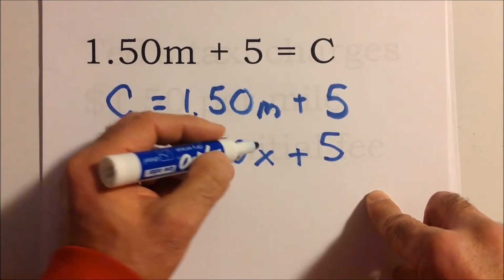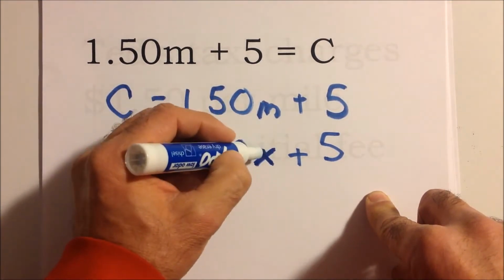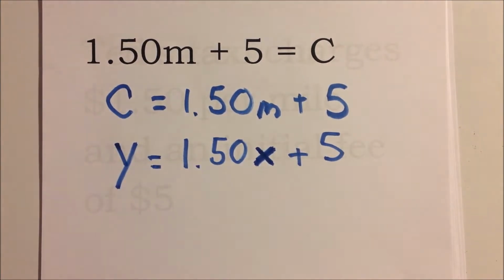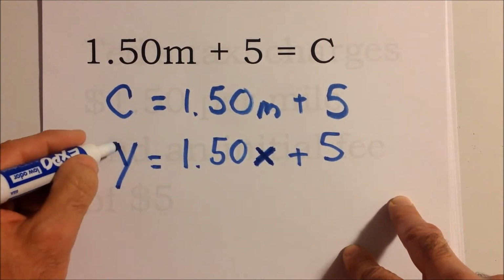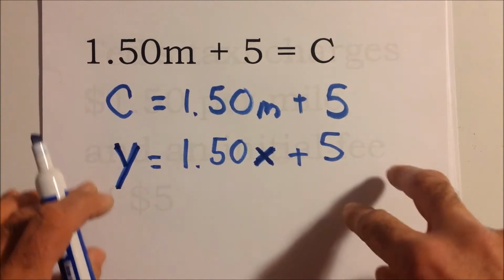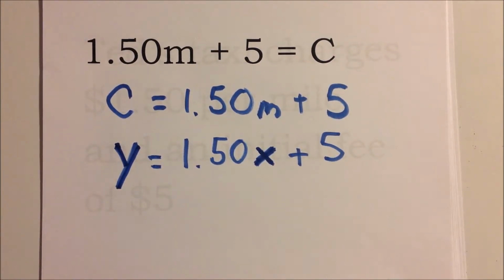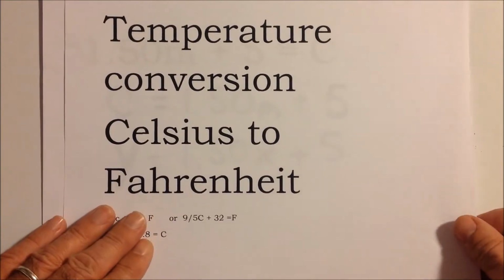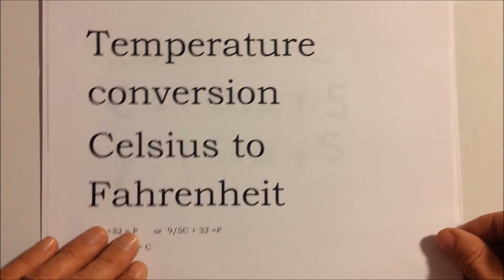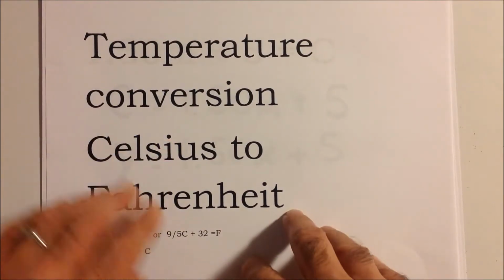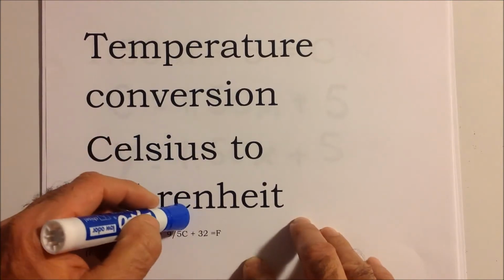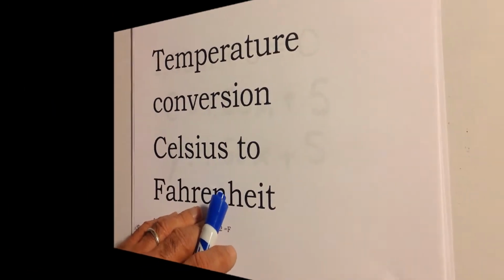Now this x, or the m, is called the independent variable. And the y is called the dependent variable, but I'll go over that in a minute. Now a lot of times we use equations when we're dealing with temperature conversion. As you know, in the United States we use Fahrenheit, but in most countries around the world they use Celsius. So how can we convert Celsius to Fahrenheit? There's a formula I'm going to show you.